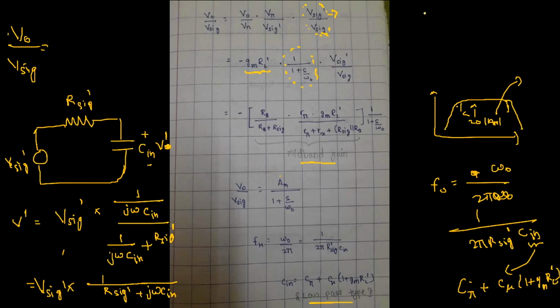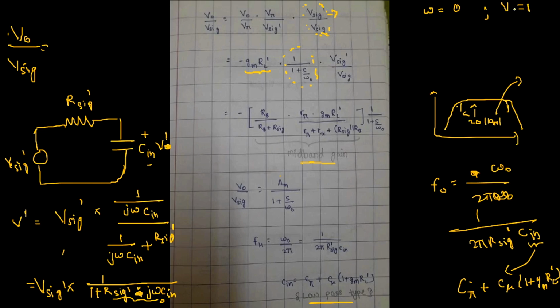So first let us check with low frequencies. Now if I take omega is equal to 0, the denominator is 1 plus R signal dash into j omega C input. So if I take omega is equal to 0, the entire second part becomes 0, so my voltage gain tends to be 1.